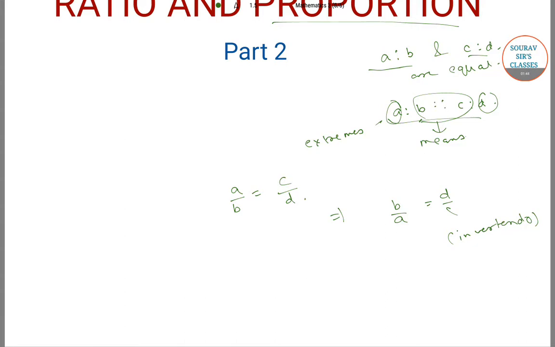Now, if A by B is equal to C by D, then this would imply that A by C is equal to B by D. This is called alternando.